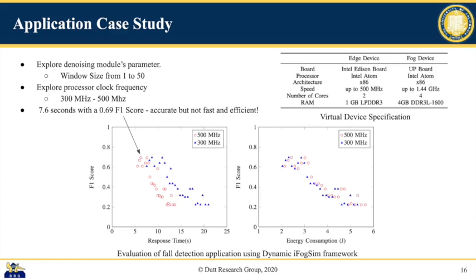And we can see the frequencies of the virtual devices can affect the F1 score and response time, even energy consumption too. Let's see the first graph: 7.6 seconds with a 0.69 F1 score really looks nice and accurate, but it's not fast and efficient.